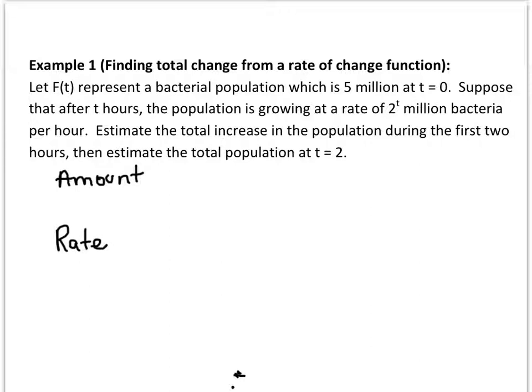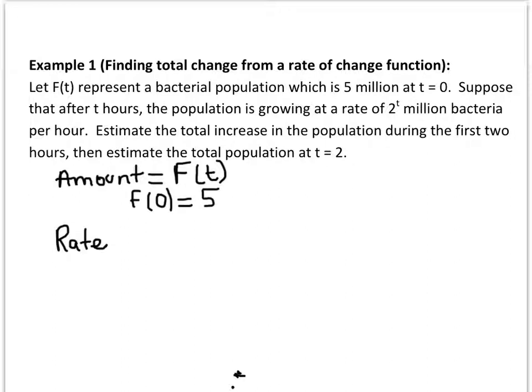So if I read through my given information, I see that F of t is my amount function. Let F of t represent a bacterial population, so the total amount of bacteria present in the population. It goes on to say I have 5 million bacteria at t equals 0. So I know that the amount at time 0 is 5 million.